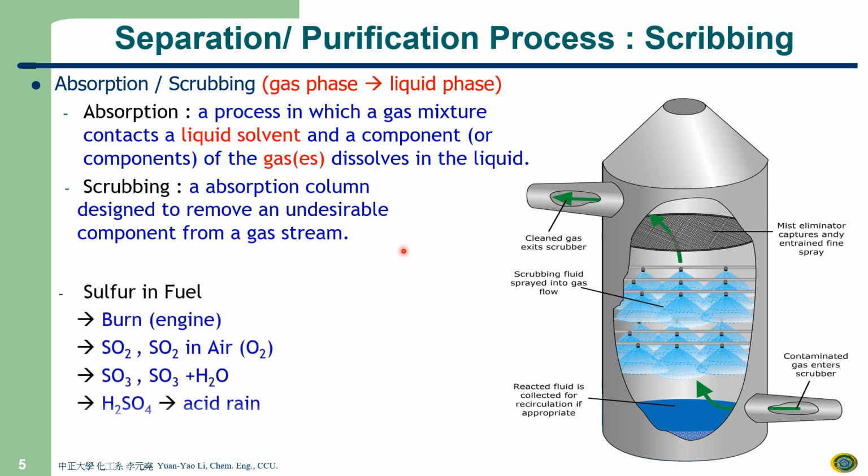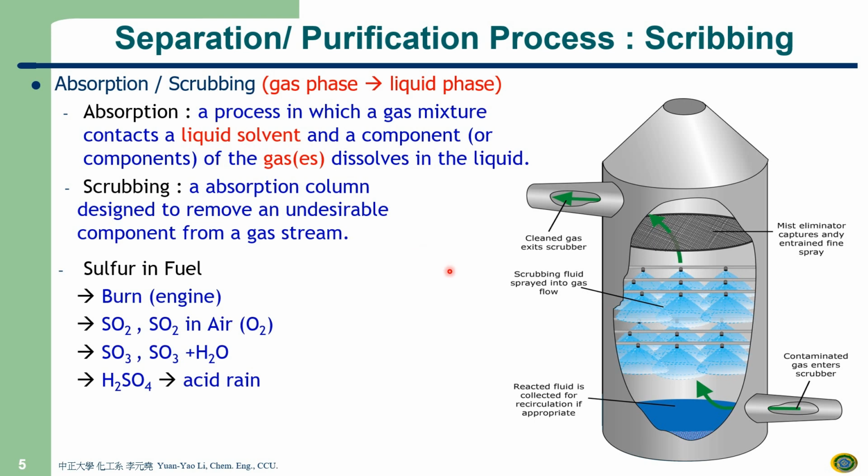So here I'll give you an example. When you burn coal, the coal is from the mountain. So coal has carbon, oxygen, hydrogen. Sometimes you have sulfur. And you burn the coal in a power station, right? You burn the coal in a power station in Taiwan, right?